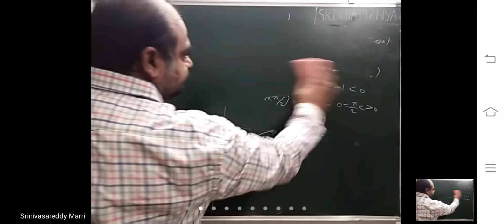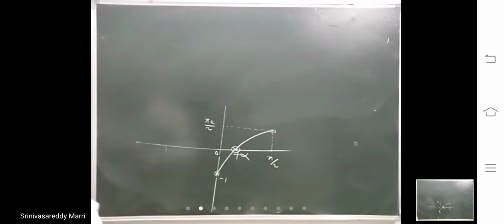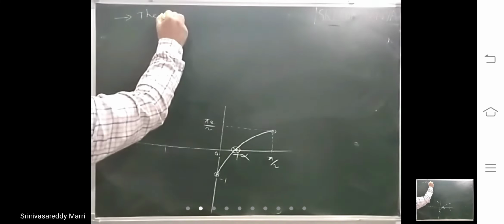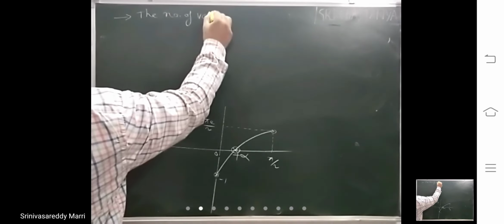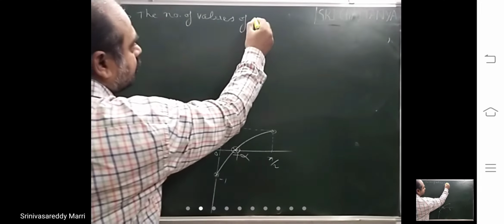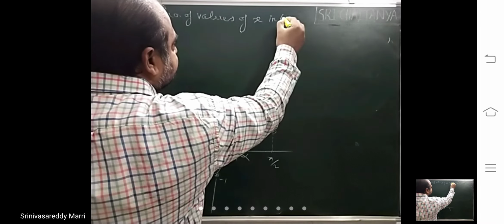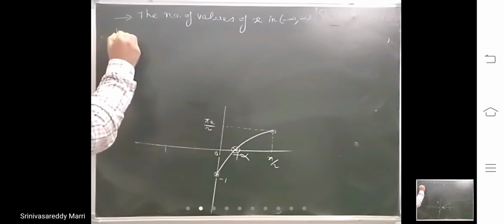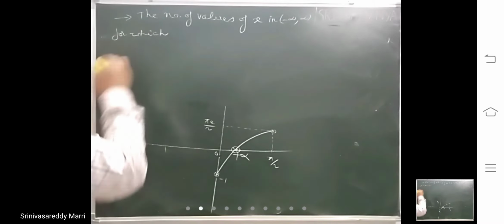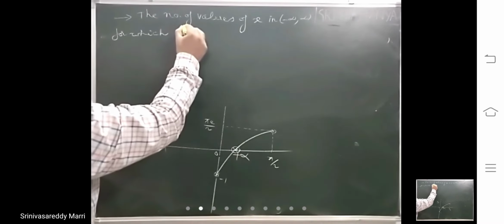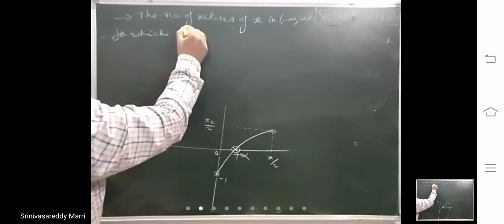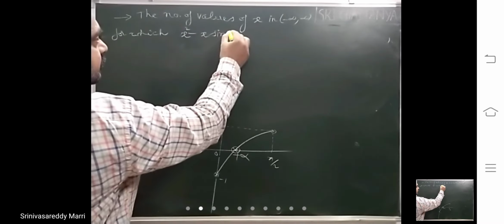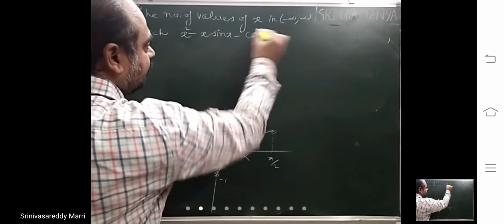Look at another problem. The number of values of x in minus infinity comma infinity for which x square minus x sin x minus cos x equal to 0.